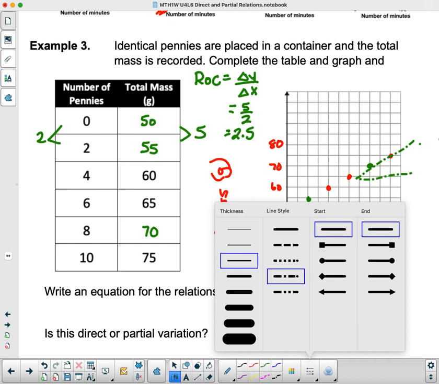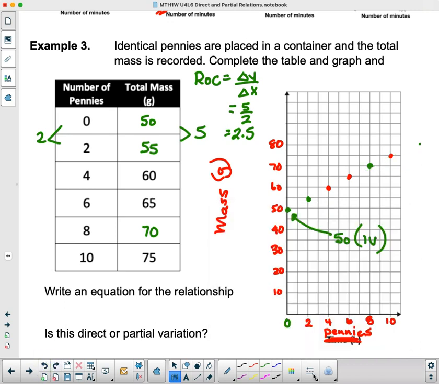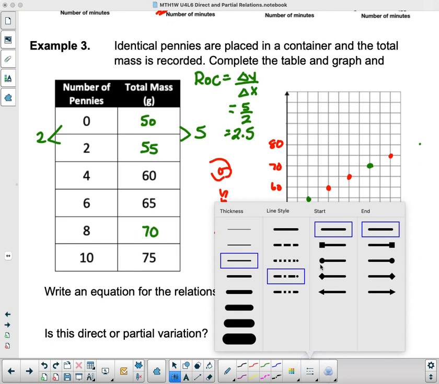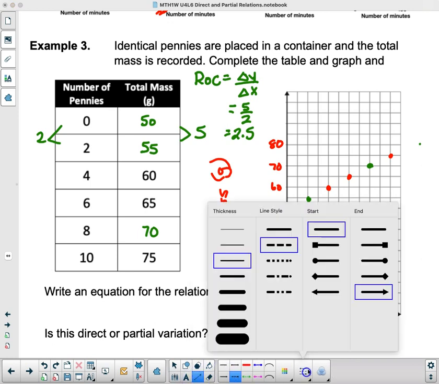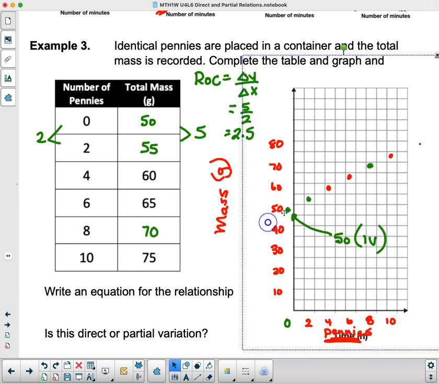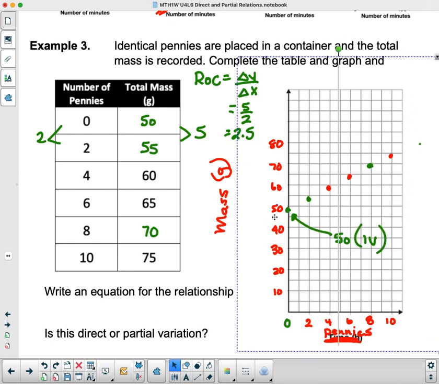Whoa, that's not what I wanted to do. Undo. Let's take the line, that one. Oh, I need that. There we go. That's what I was doing. Okay, here we go.